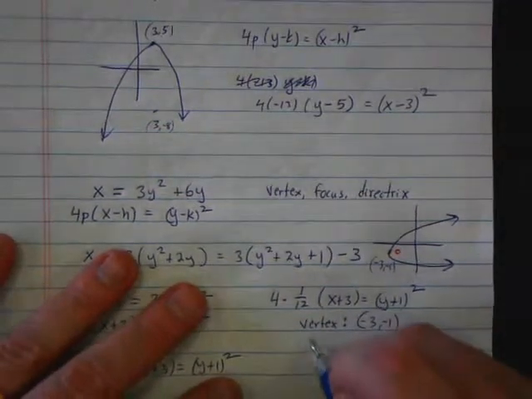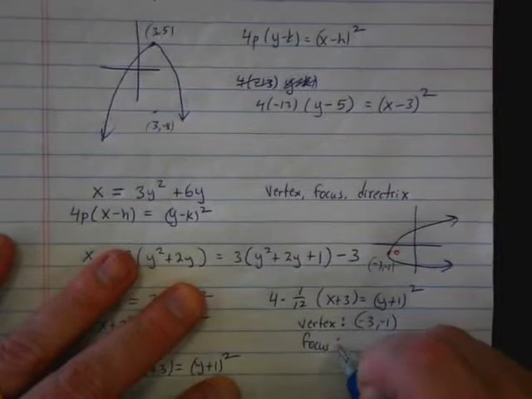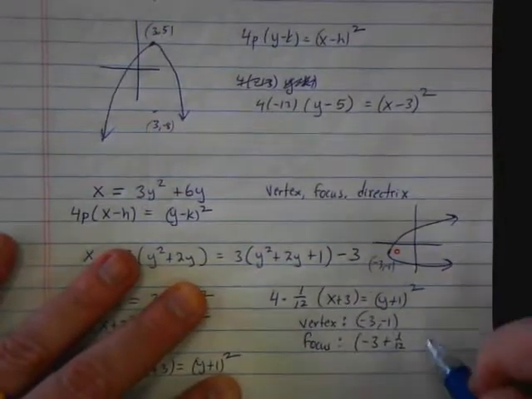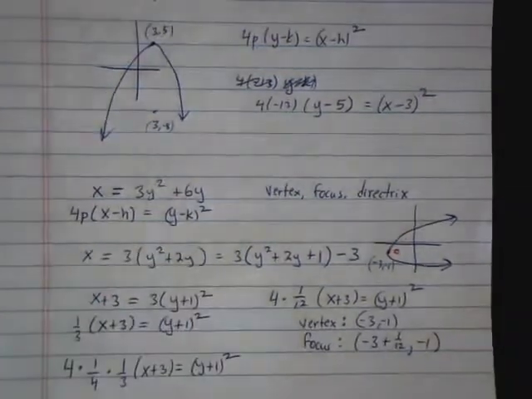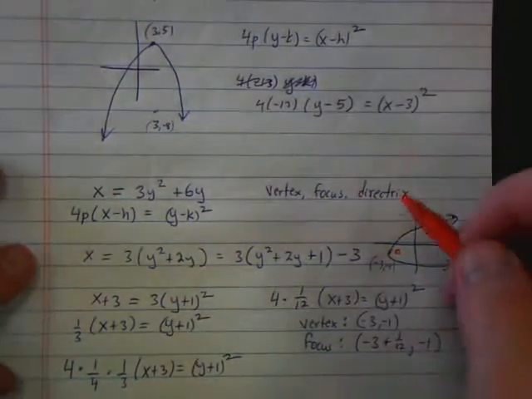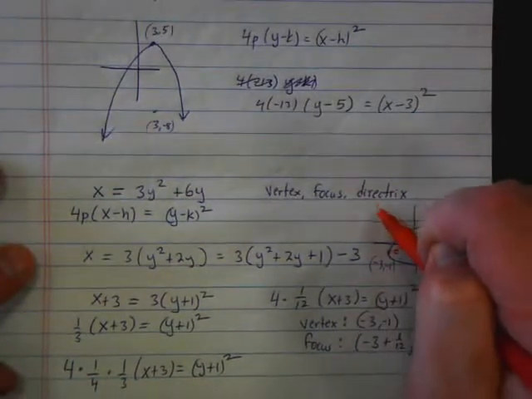I'm going to write it as -3 plus 1/12, comma, -1. The focus simply moves 1/12 to the right in this case, because the parabola is opening left and right. And then remember, the directrix is this vertical line over here.